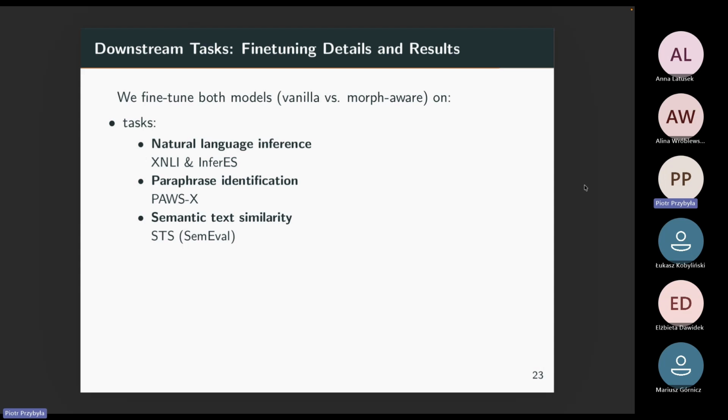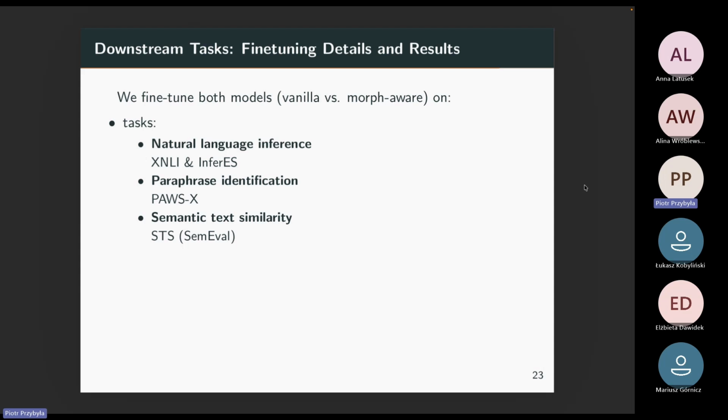At the beginning, we didn't know whether we would get any gains at all. We have three tasks that were easiest to find resources for in Spanish, because again, this is all for Spanish, so we don't have GLUE and everything else. We had natural language inference, paraphrase identification, and semantic text similarity. All of them are somewhat related to the syntax of the sentence, but not directly.